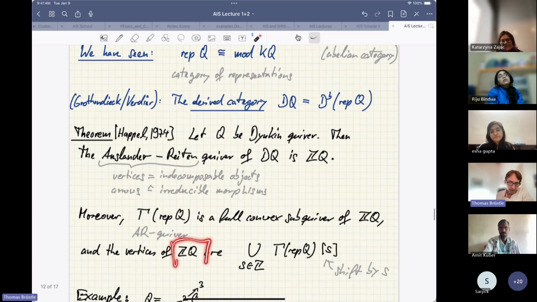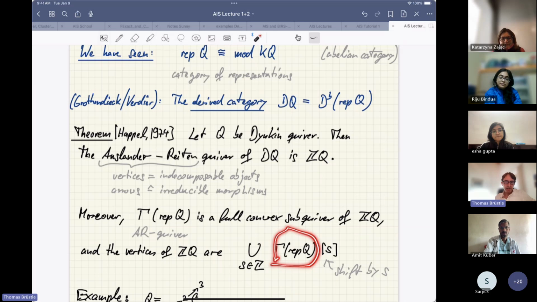The vertices of ZQ are obtained if we take the vertices of this category of representations. But for a Dynkin quiver, that's going to be a finite set. Dynkin quivers are representation finite. This is a finite quiver. But then we start shifting this by a certain amount, and we shift it infinitely to the left and to the right, and we take the union of all those copies, and this is how we get ZQ. So this is something that I have to explain to you.